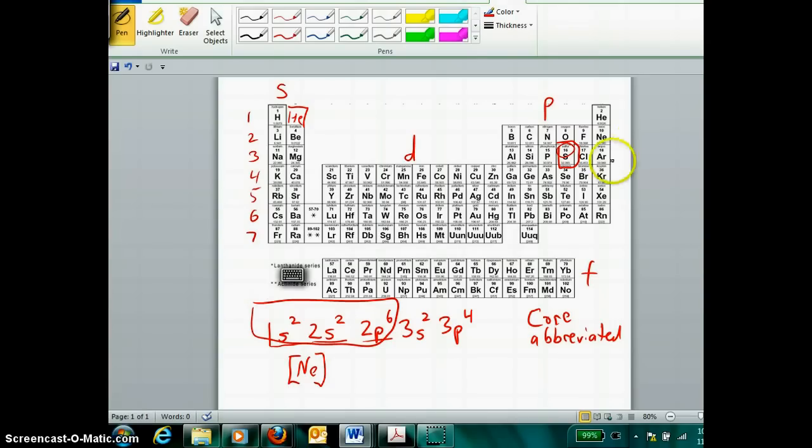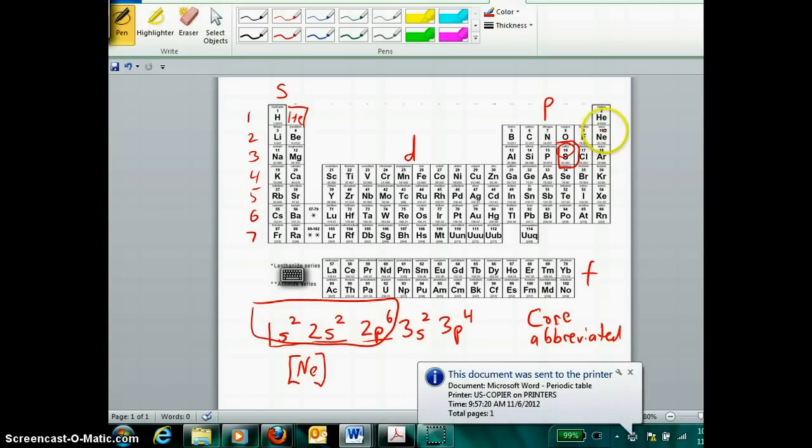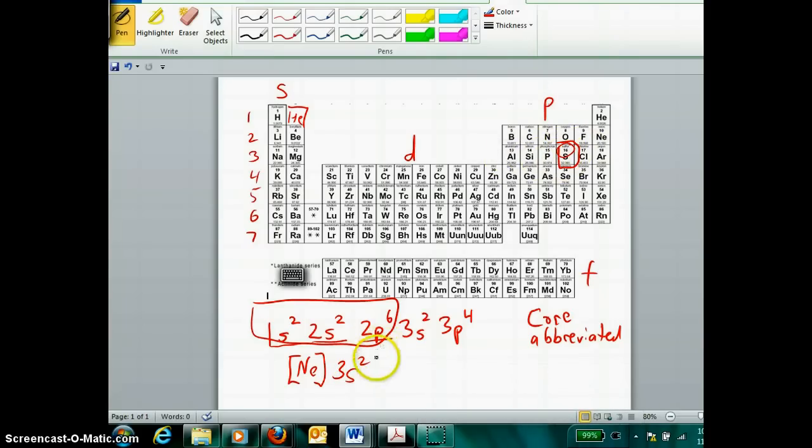And so now all I have to do is pick up with any electrons that are more than 10. So yes, 11 and 12 would still be 3s2, and these last 4 electrons would still be 3p4. And so this is the core abbreviated electron configuration of sulfur.